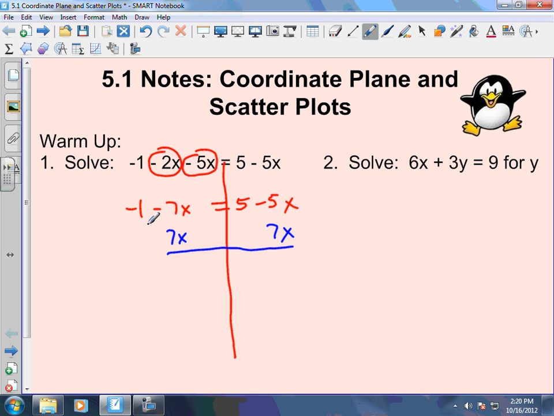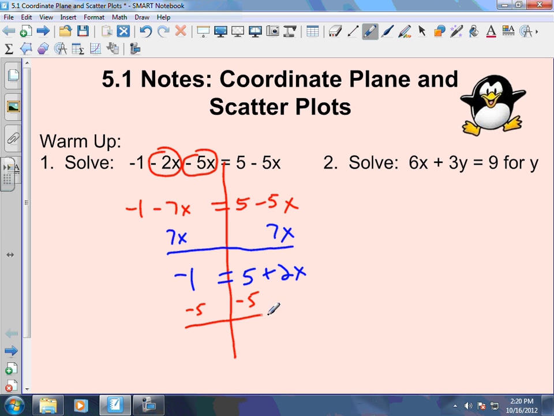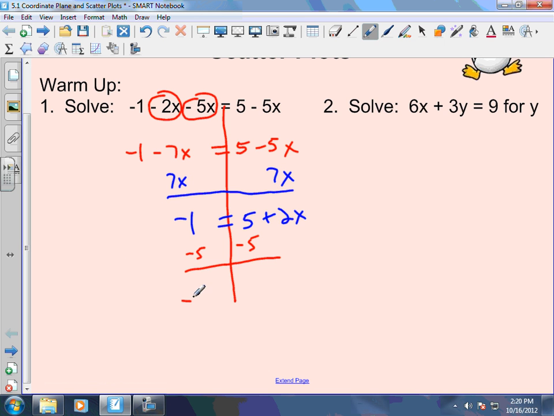Negative 7x is smaller, so I get negative 1 equals 5 plus 2x. I then subtract 5 from both sides. Negative 6 equals 2x. Divide by 2, negative 3 equals x.